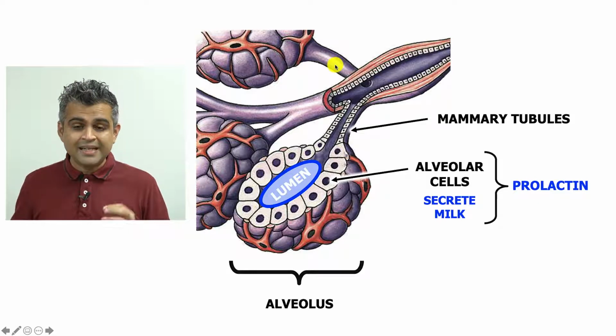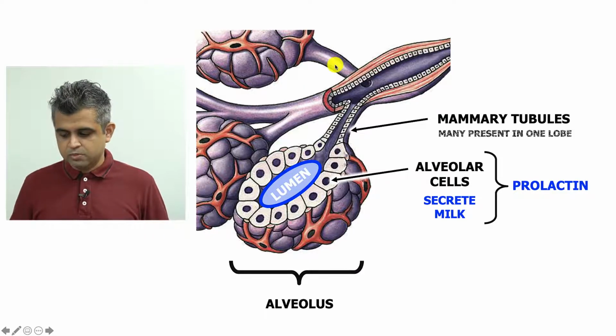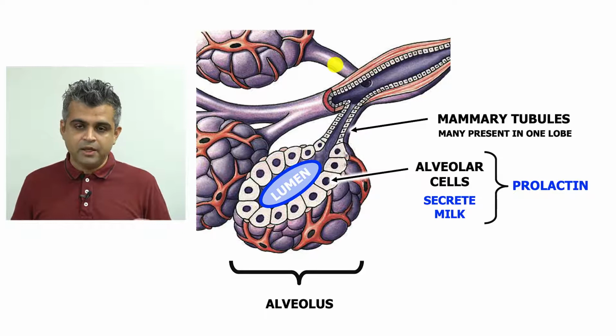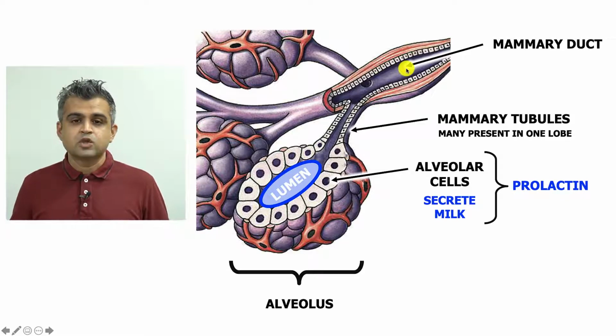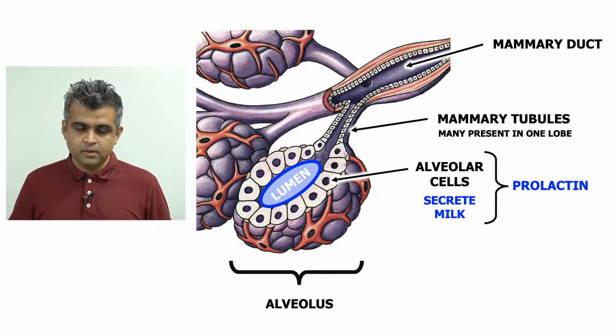Since there are many alveoli, there are going to be many such mammary tubules found in each lobe. And now you can see that all these mammary tubules are emptying the milk into this big tube here, and that is called the mammary duct.